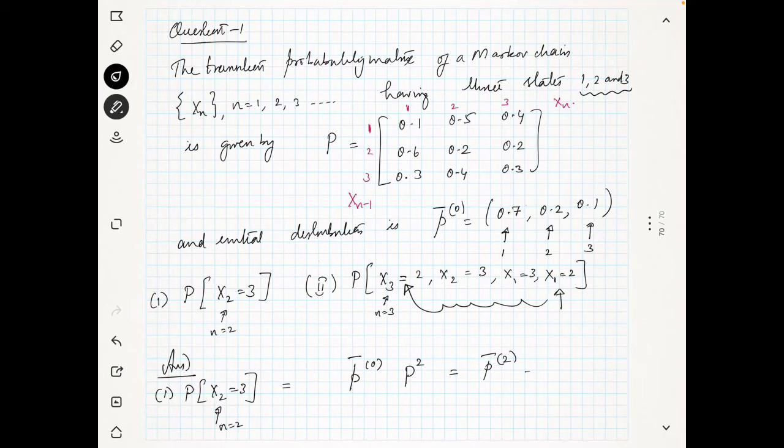So it contains 3 probabilities, one here, one here and one here, and you want something which is related to 3, so you take this number, then it will be your distribution at n equal to 3. So we will find first what P square is.